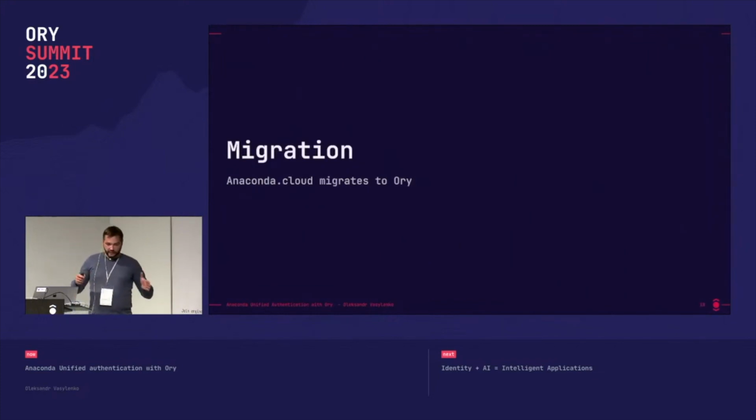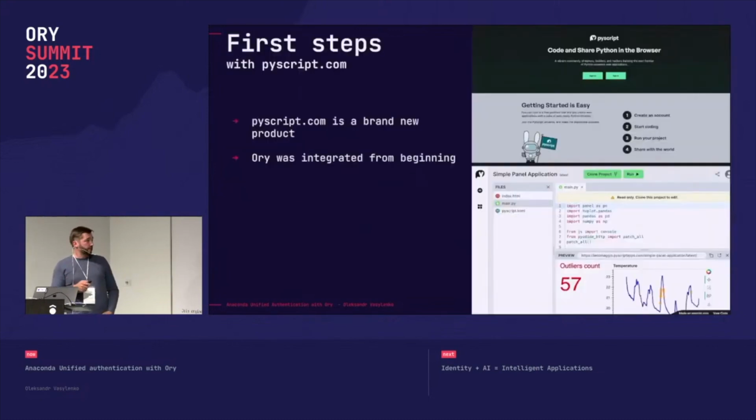And then it came to the moment, once we had already signed contracts and started getting accounts, that there was a need to plan migration of Anaconda Cloud to Ory. But planning such a big migration is always a risk, and you need to plan for some time and be prepared very well.